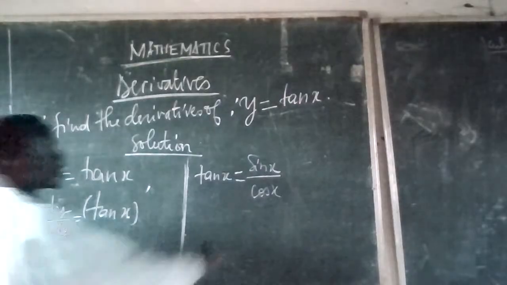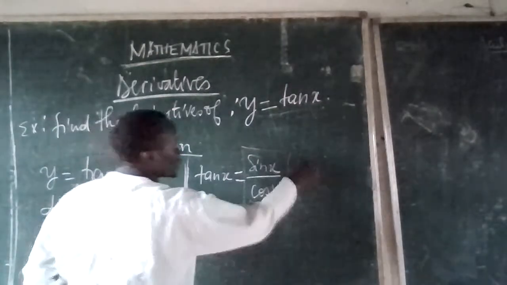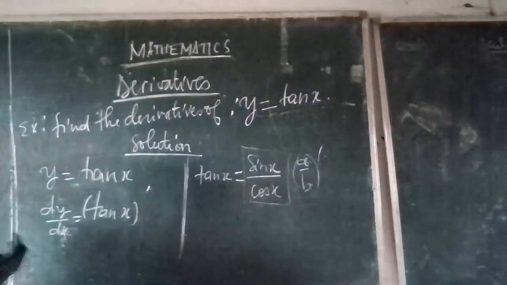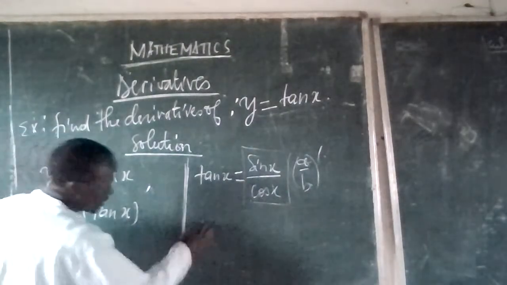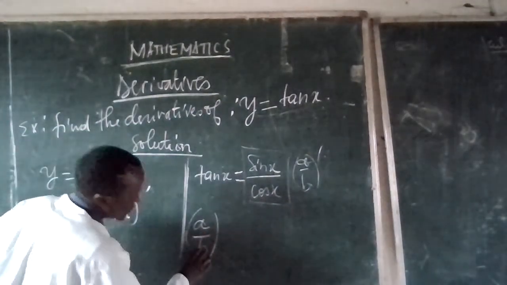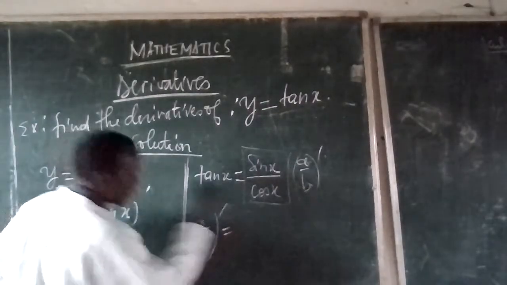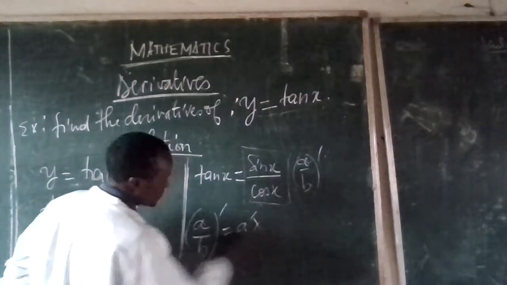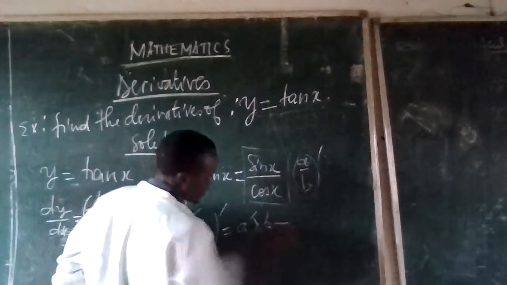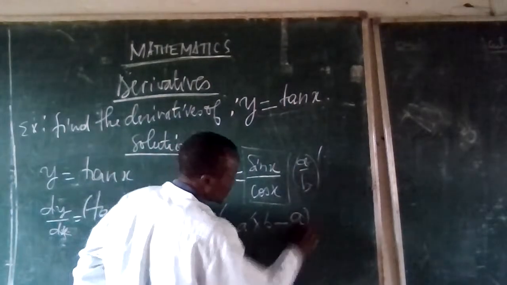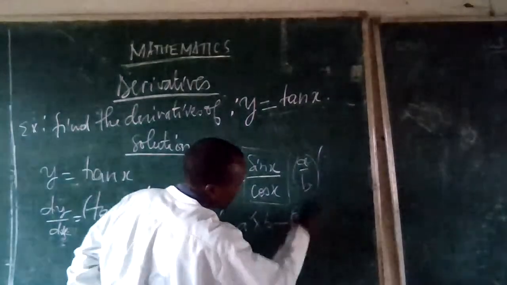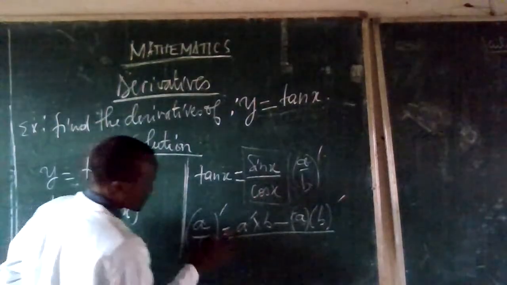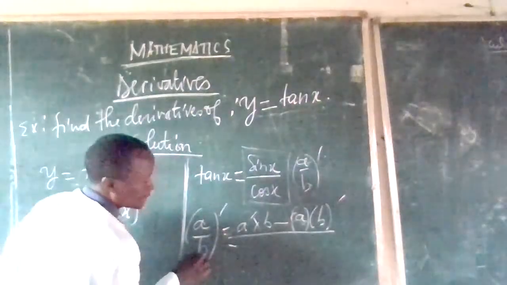If we have a derivative of a over b, we are going to use this formula: a over b derivative equals a derivative times b, which is not derivative, minus a, which is not derivative, times b derivative, over b squared.